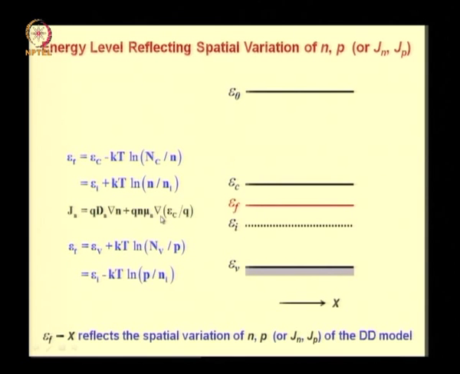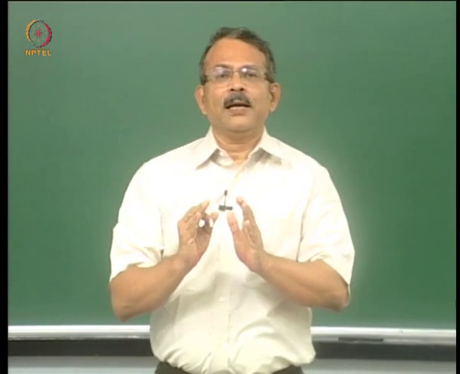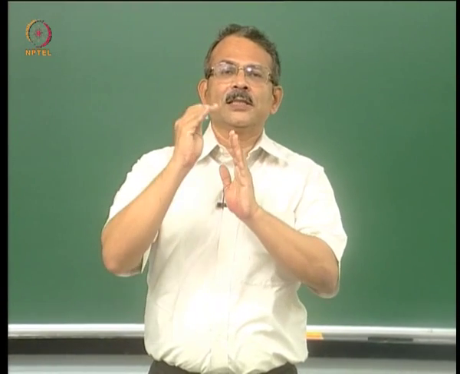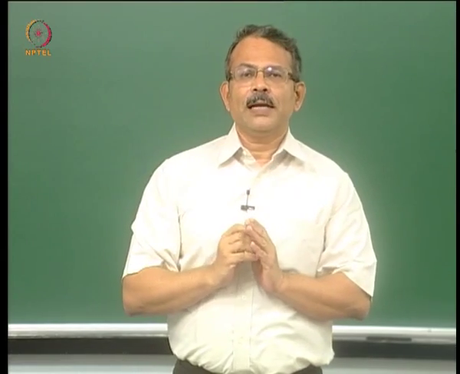However, strictly speaking, the electric field that comes into the expression for the electron current is the electric field experienced by a conduction electron. It is not the electric field experienced by an electron which is touching the semiconductor from outside, right?